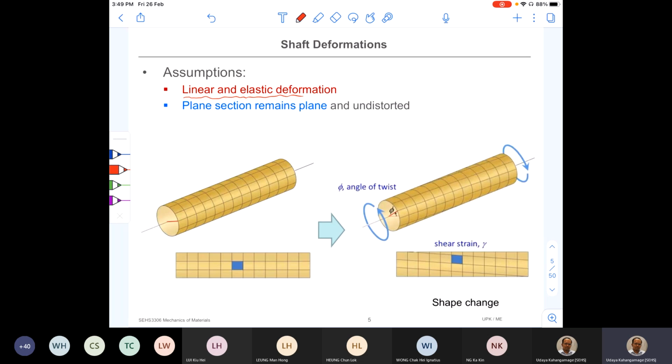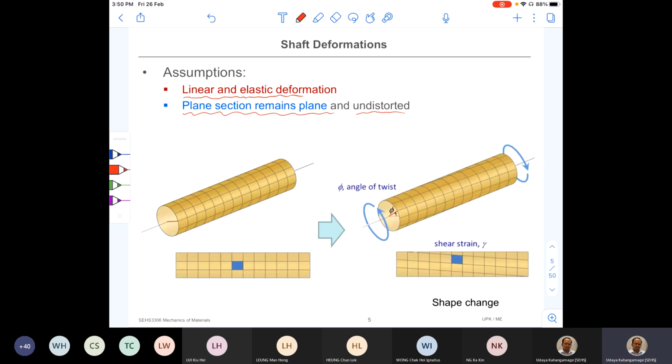Second assumption, we are going to assume that plane sections remain plane and undistorted. So let me explain what is meant by that. Since our discussion is restricted to circular members, look at the diagram below. There you can see a circular shaft, and I have put a grid on that.